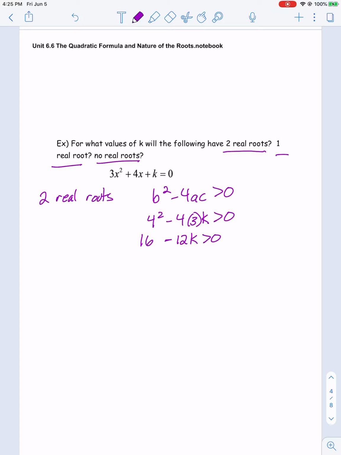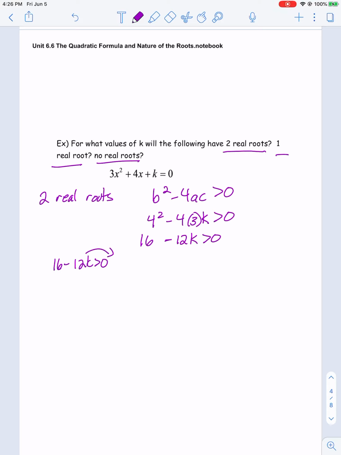And you can either bring the 16 over to the other side, or you can bring the 12k over to the other side. Let's say I move the 12k over. 16 minus 12k is greater than 0.